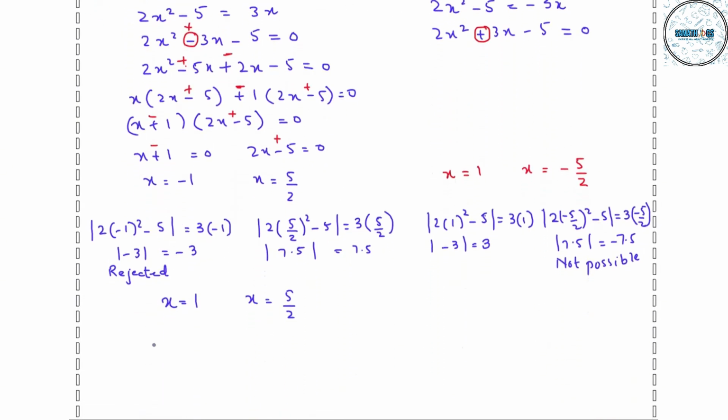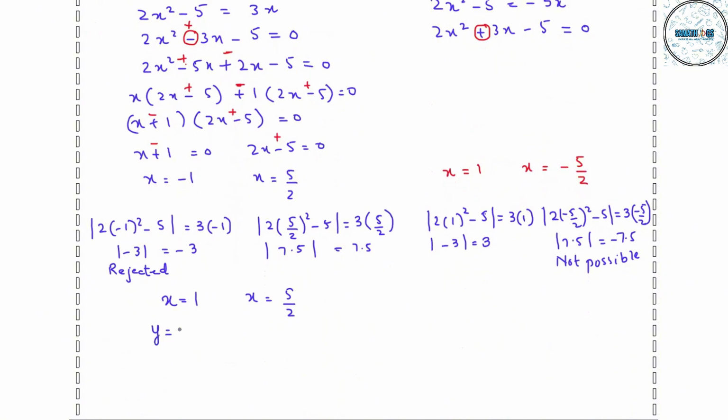We have equation y is equal to 3x. So in place of x, we will write 1. So it is y is equal to 3. Y is equal to 3 into 5 upon 2, which is 7.5.